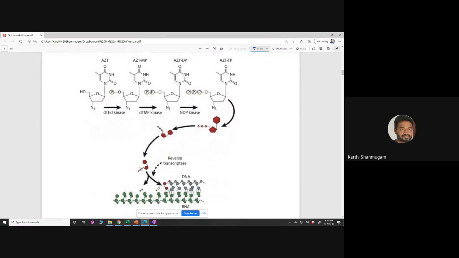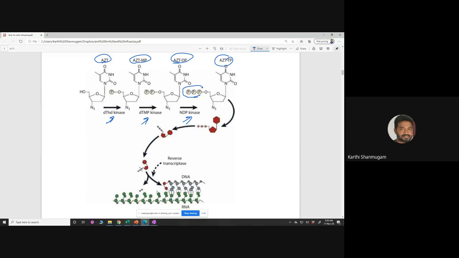Okay, so here A is a T. It is converted into its corresponding monophosphate with the help of a kinase, then converted into diphosphate with the help of another kinase, and then converted into triphosphate with the help of another kinase. Then this triphosphate form of the drug molecule, so here you can see 3 phosphate groups which are attached.